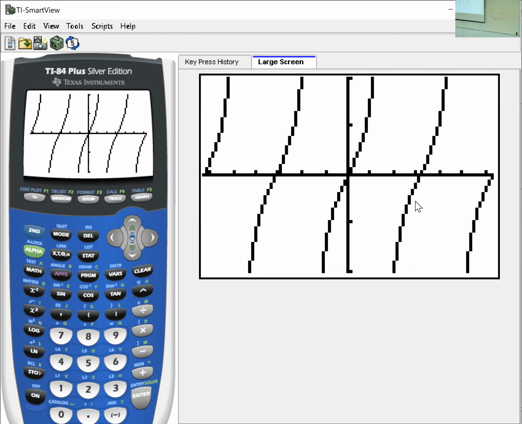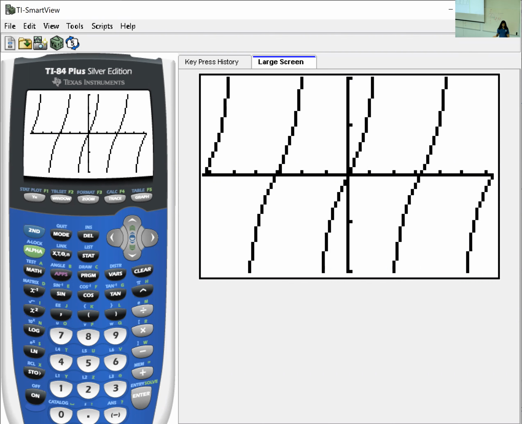Same on this side. It repeats with the period of pi. Clearly it's periodic. And it has asymptotes, one going to positive infinity, another towards negative infinity.